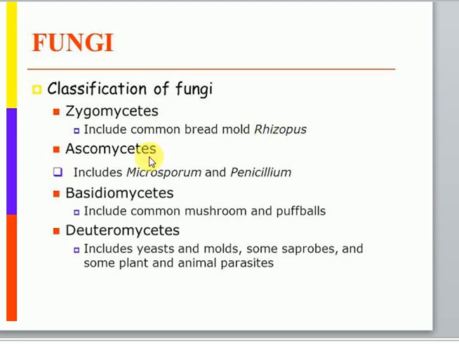Then we have the ascomycetes, an example of which is microsporum, penicillium, and yeast. Yeast, for some reason, is put here in some textbooks. Some put it under deuteromycetes.